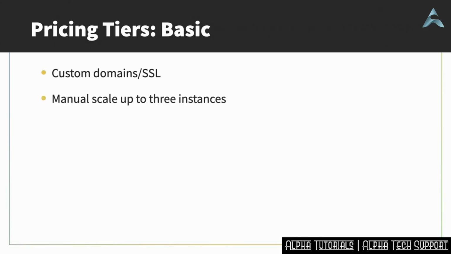But if we go for the dedicated compute, we start with the Basic tier. The Basic tier gives me custom domains, but now with the possibility to use HTTPS. And believe me, you want to use HTTPS nowadays on your application that is exposed on the internet. You can also scale this to 3 instances, and in each one of the instances you can have up to 10 gigs of storage.